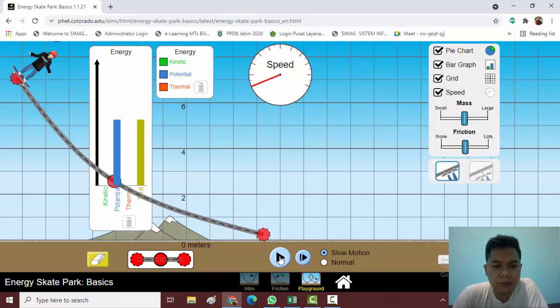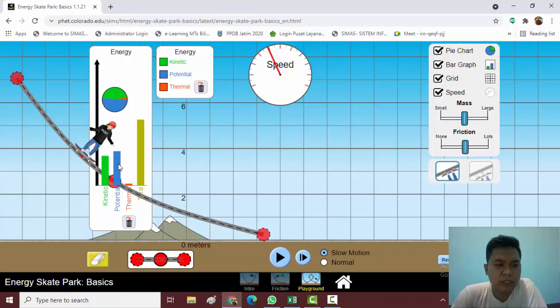But if the person moves, the kinetic energy will increase, but the potential energy will decrease, because as the person moves to the low point the speed increases, so the kinetic energy increases.